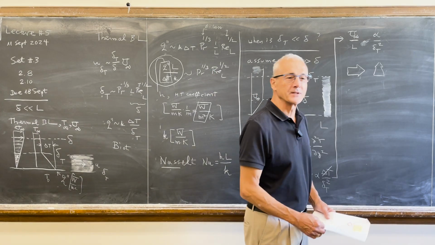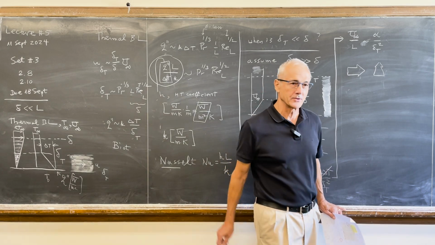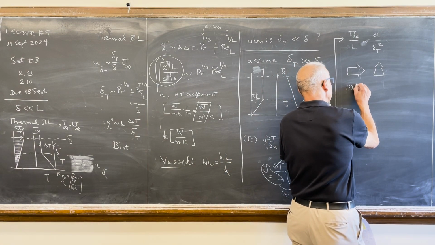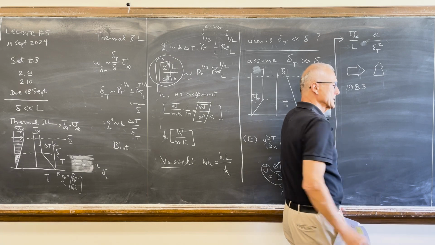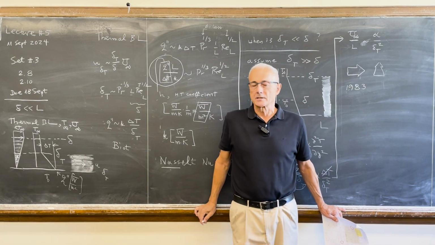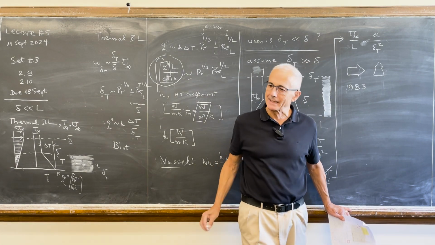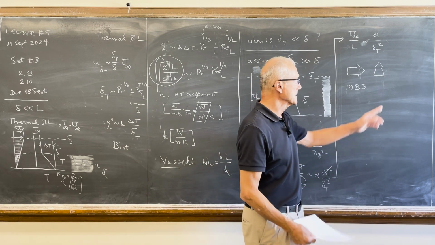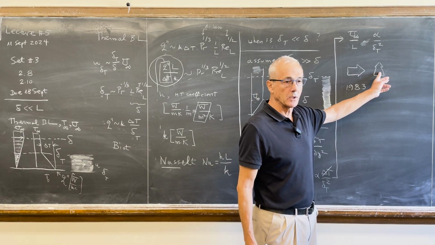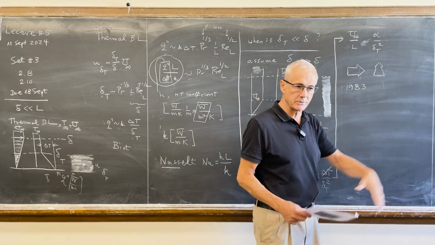The point is, this thing that I discovered in 1983 is the so-called concept of heat line. Heat line, the actual path of this heating that comes out of the wall and then gets swept downstream.